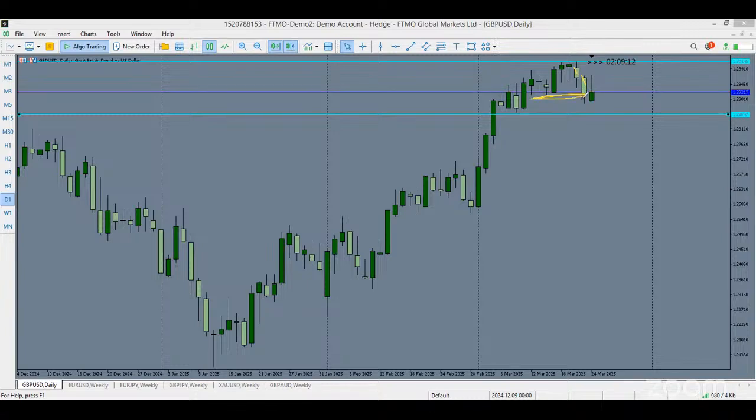So is it going to be sustained? That's the question we are going to ask ourselves. If it sustains it, then it's likely to go for these next lows there. However, if not, this candle is still being formed, it's not yet completed. It can go all the way up there, push back down, and then continue upwards.